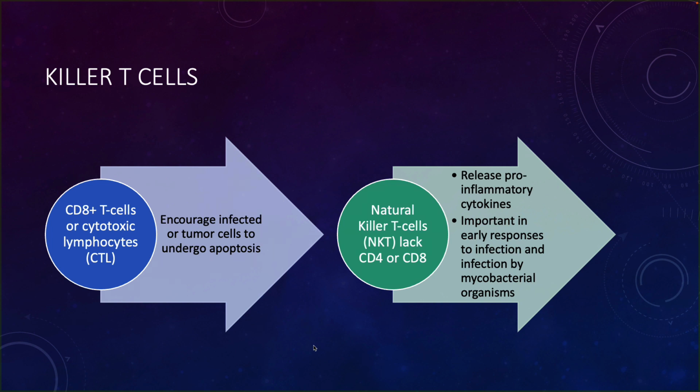So they're also very important for our early response to infection, and they are triggered specifically by some of those mycobacterial organisms, like Mycobacterium, that have the mycolic acids, that waxy layer. So again, even though they are a type of T cell, they are more of an innate part of the immune system because they don't respond to specific antigens like CD8 and CD4 positive T cells do.